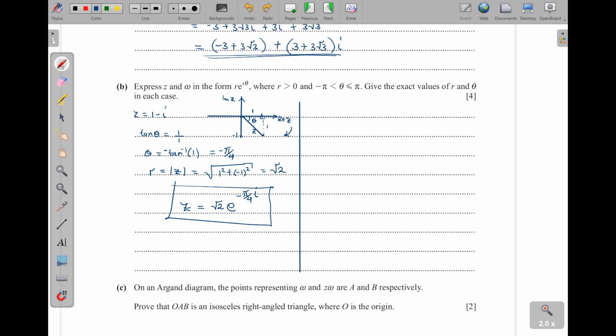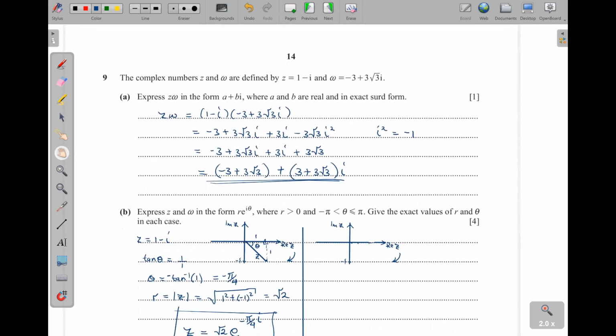And then next, let us also sketch the one for omega. So let me just copy this one here, and then I put it here. We also want to find out where this one is, where the omega is. So let me rub off this. Okay. Now omega is given as -3.